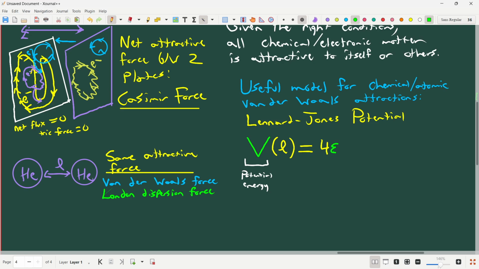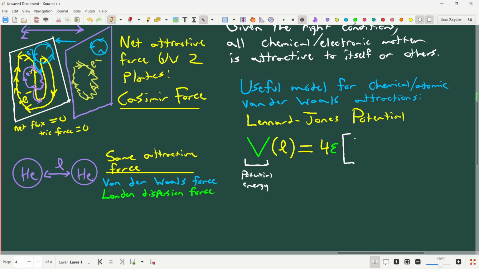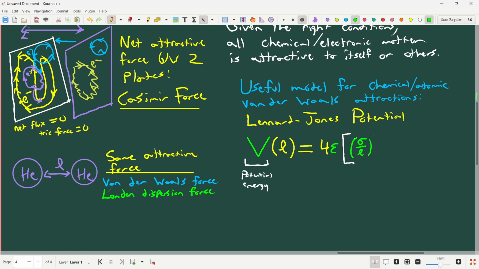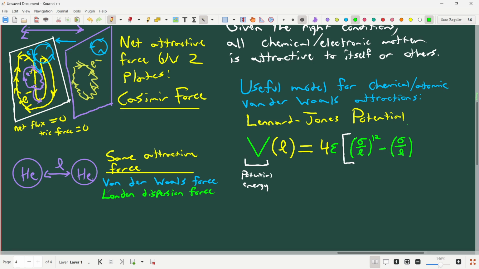I'll explain what these numbers are in a second. Let's just write it down. Times this number sigma over the distance, all to the 12th power, minus sigma over the distance to the 6th power.